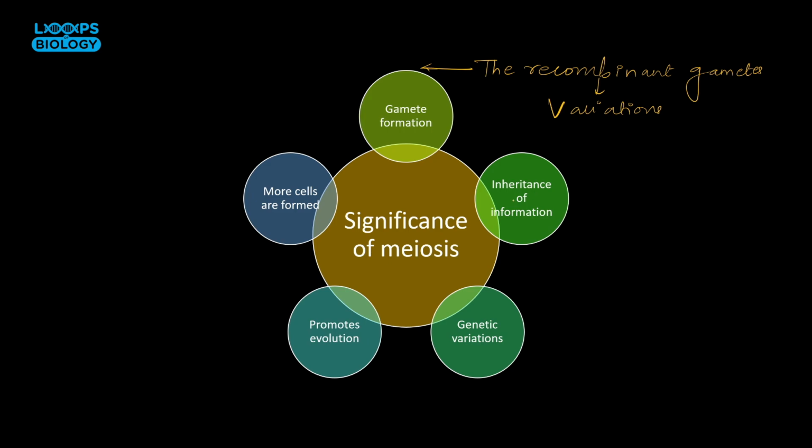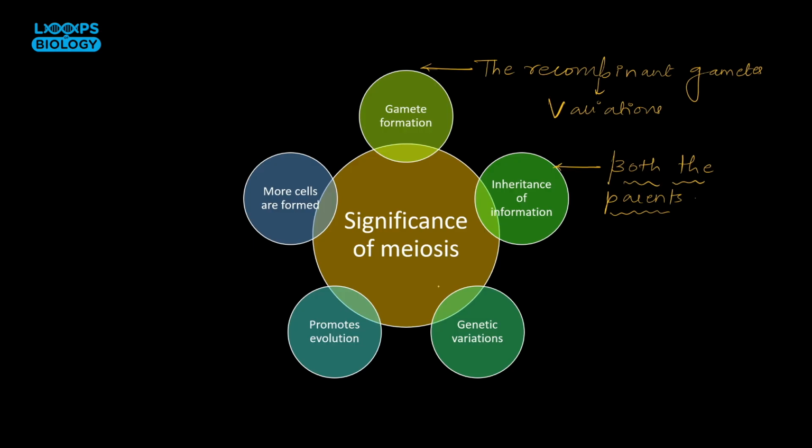That means from a male parent and a female parent, I am going to get some new information together inside the particular organism. So this inheritance is taking place from both the parents. So meiosis is basically involved whenever two parents are required for the formation of an individual.